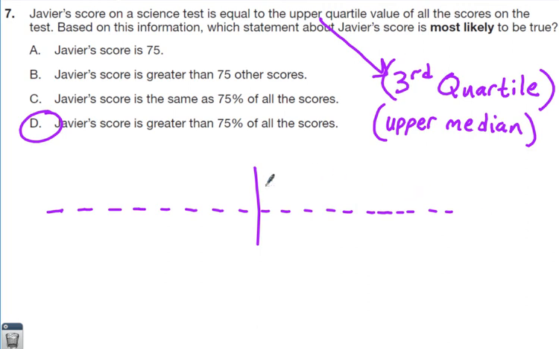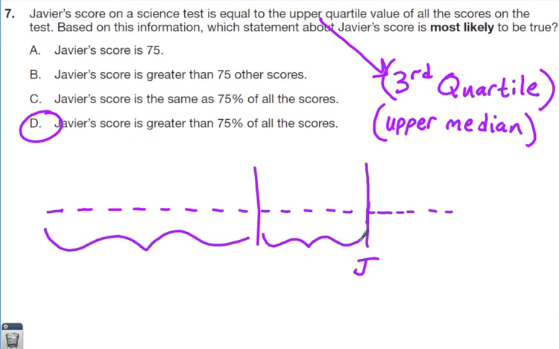Then when you look at just the upper half and find the middle number of this upper half, it cuts this 50% into halves again, which means 25% and 25%. So Javier is right here, which means his score was higher than about 75%. This 50% and this 25%, and that's why it's D.